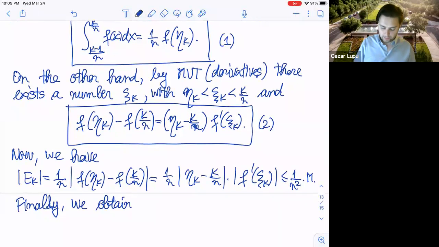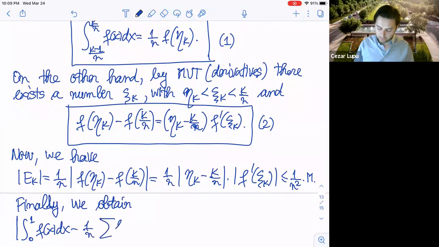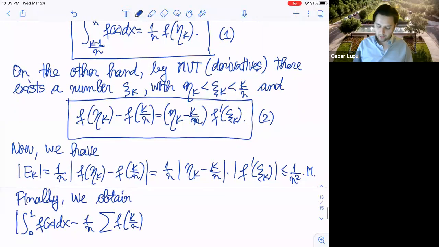So now we have this quantity that we would like to estimate: the integral of f minus 1 over n times the sum of f of k over n. This quantity in absolute value will be less or equal than, in fact, let me write it in a way so that we can see who this is.